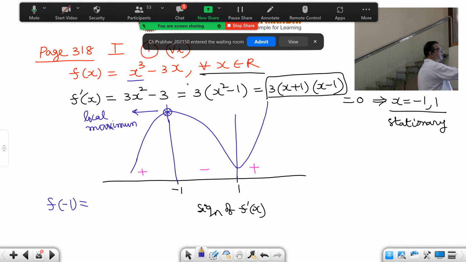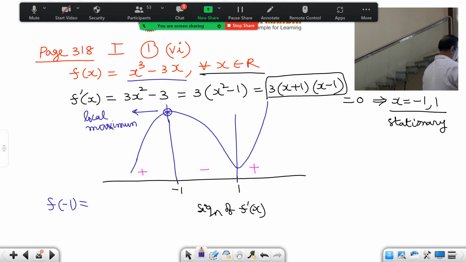So that we have to put in the original function. If you put x cube minus 3x, you will get minus 1 plus 3, that is 2. So this point is minus 1 comma 2 on the graph.